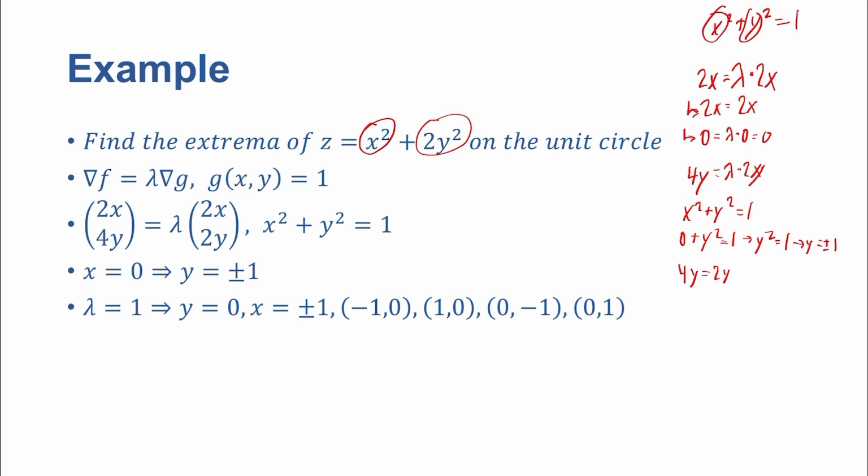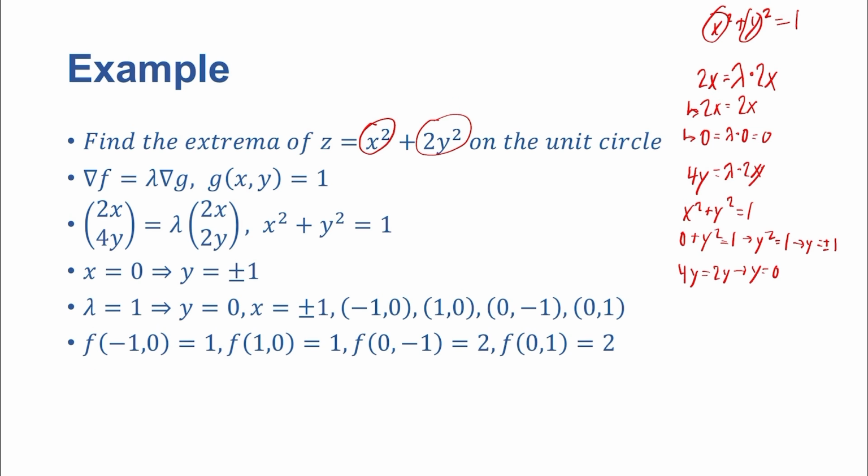Okay, so in that case, y would need to be equal to 0 in order for that to make sense. But then we also need to consider the circle equation to find our x value. If y is 0, then x is going to be plus or minus 1. So we have 4 points that we've obtained: negative 1, 0; 1, 0; 0, negative 1; and 0, 1.